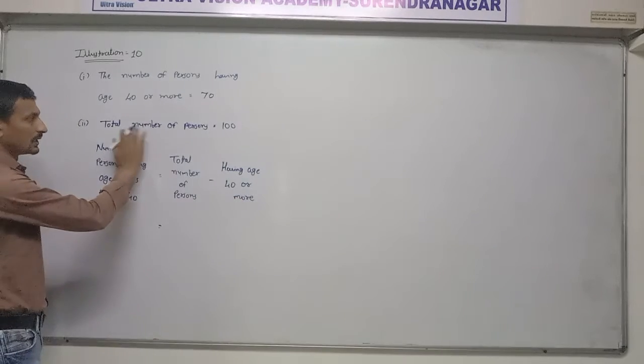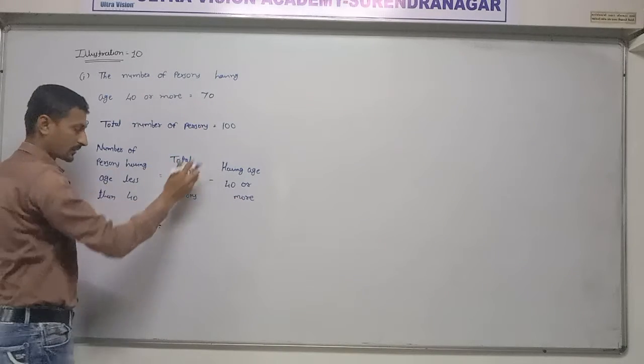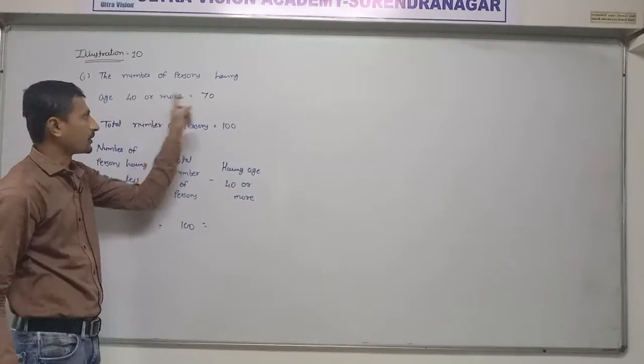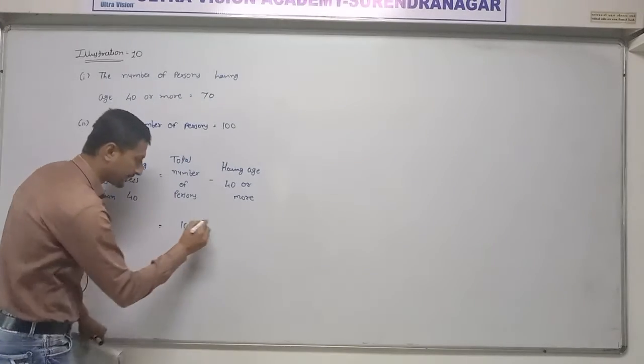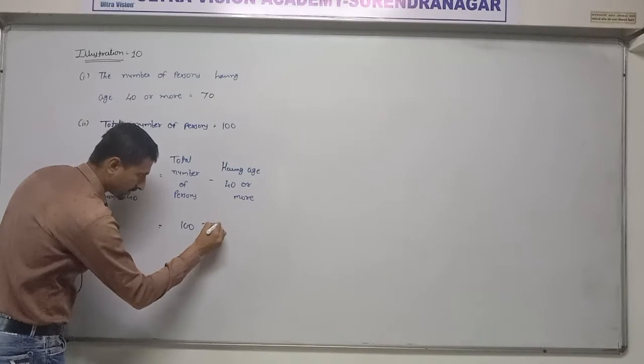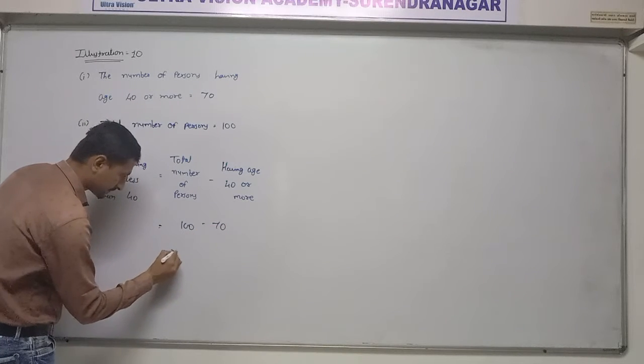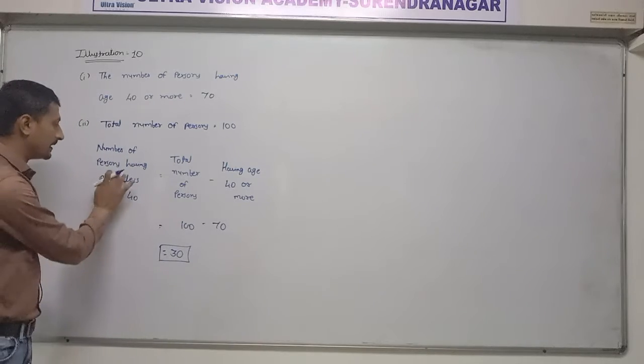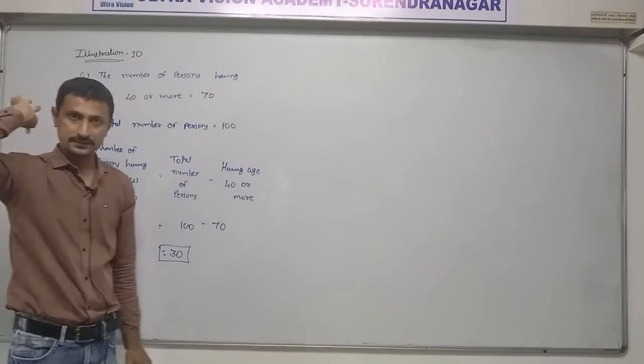So the total number of persons in frequency is 100 and the number of persons having age 40 or more is 70. So the difference is 30. So 30 persons have age less than 40 years.